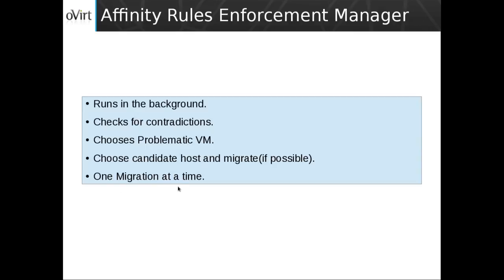For example, if the AREM interval is reached and it sees that a migration is already running in the system, then it won't do any migration even if there is another contradiction. Once it sees that there is a migration currently occurring in the system, it waits for the next interval to enforce the affinity rules.